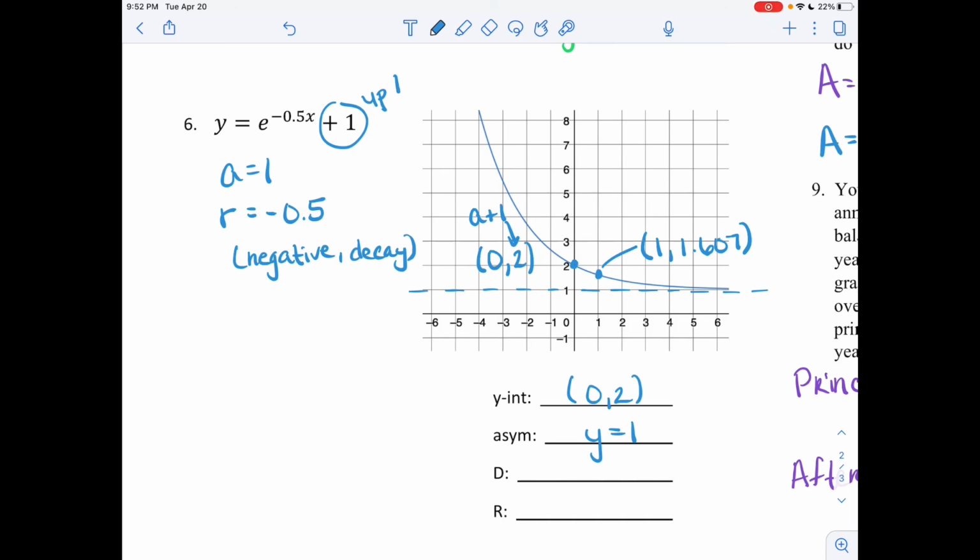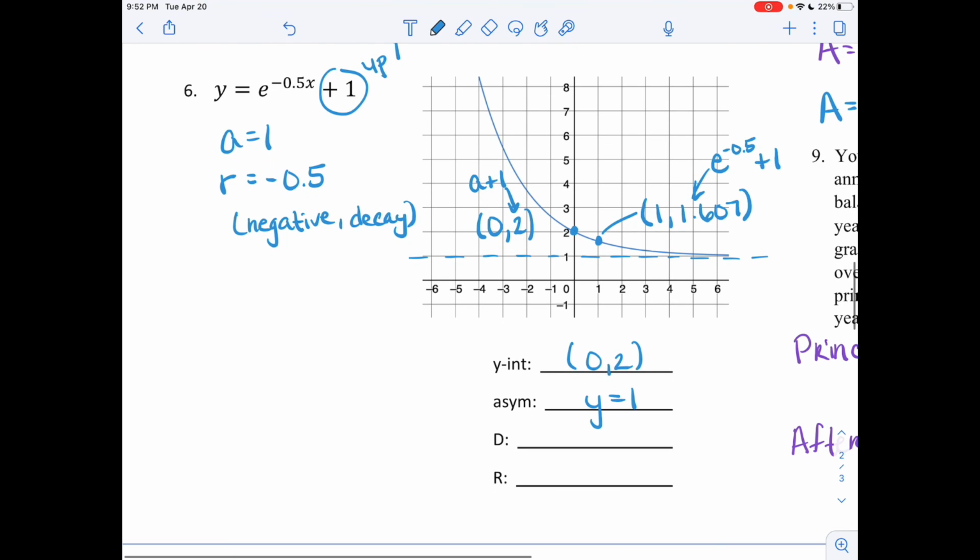So this number right here is e to the negative 0.5 power plus 1. Our domain hasn't changed just because we shifted our graph up. Domain is still all real numbers, but range has changed now. Because our asymptote is at 1, our y value is now greater than 1 for our range.